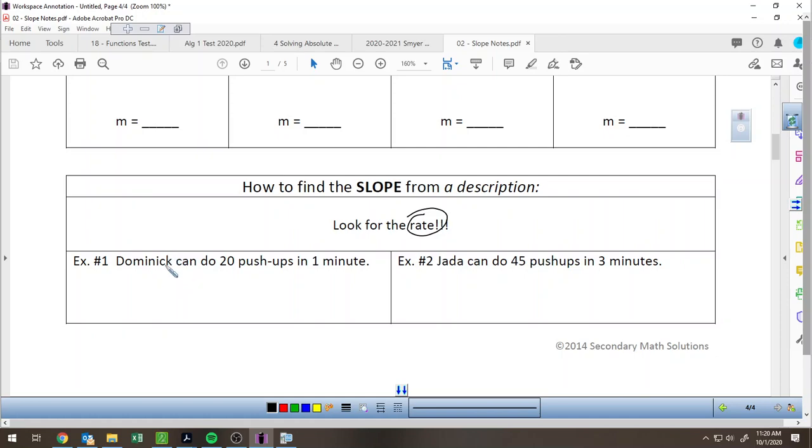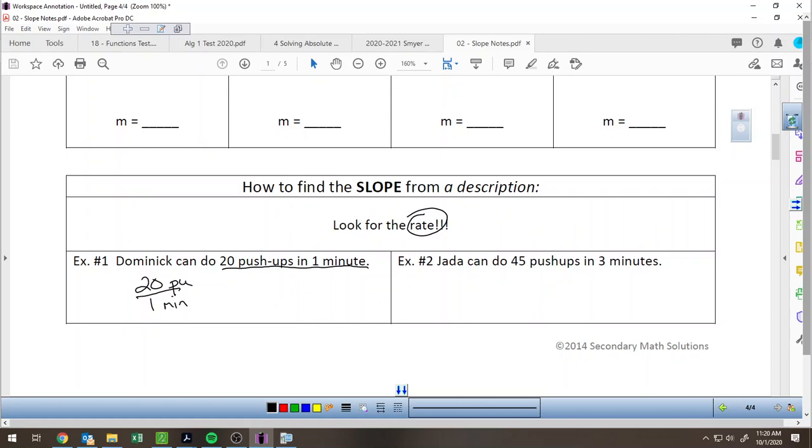Dominic, spelled with a K, can do 20 push-ups in 1 minute. So what is the rate of push-ups he's doing? 20 push-ups in 1 minute. That's the slope. All right, 20 over 1.